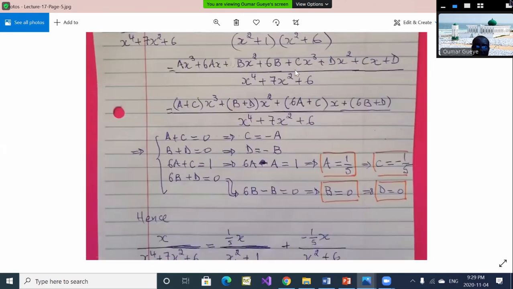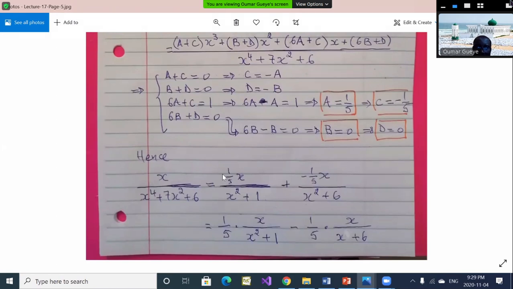What I did here, I just substituted a by its value. Okay, and b is 0, c is equal to -1, and d is 0. It was here, so in fact it's going to be here plus 0.